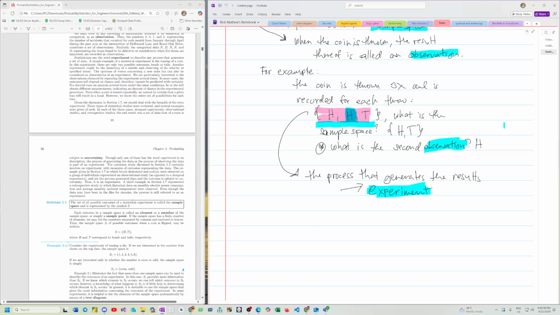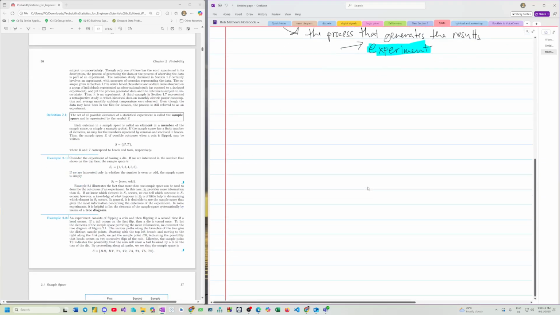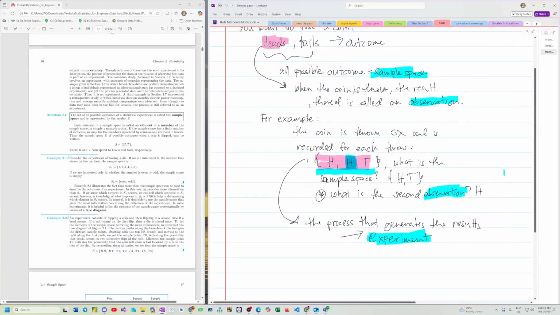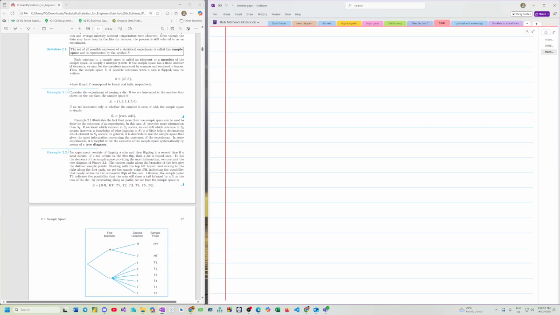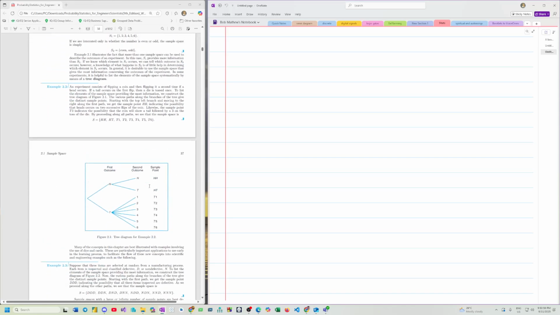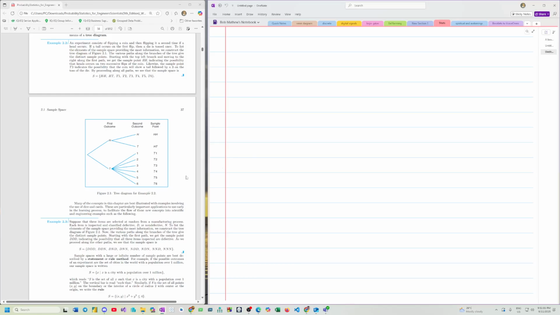So what is a set? In general, the set is the set of all possible outcomes. What do you mean by sample space? It means that these are all the possible outcomes.